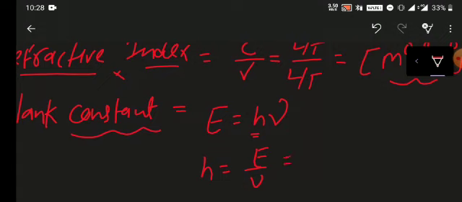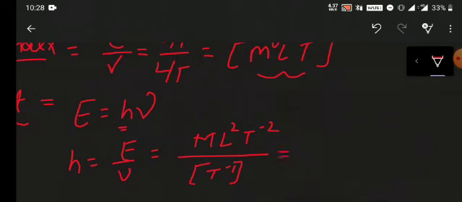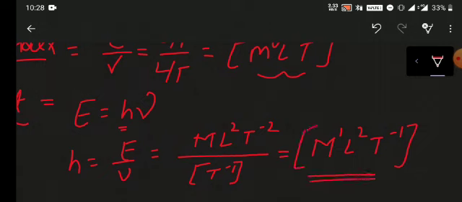The energy has the dimension M L2 T minus 2, and the frequency has the dimension T minus 1. So the final form of the Planck constant is M1 L2 T minus 1. This is the dimension of the Planck constant.